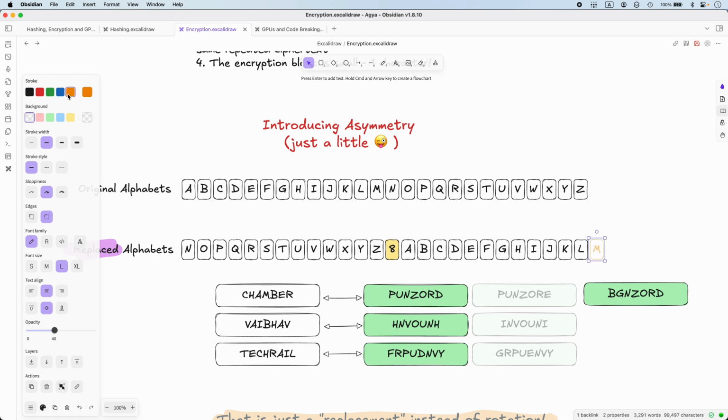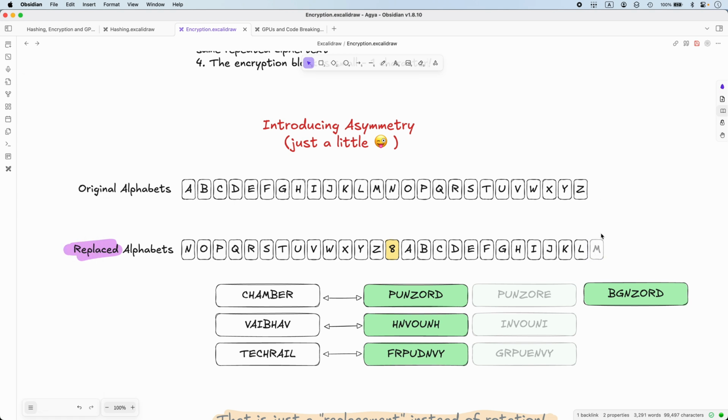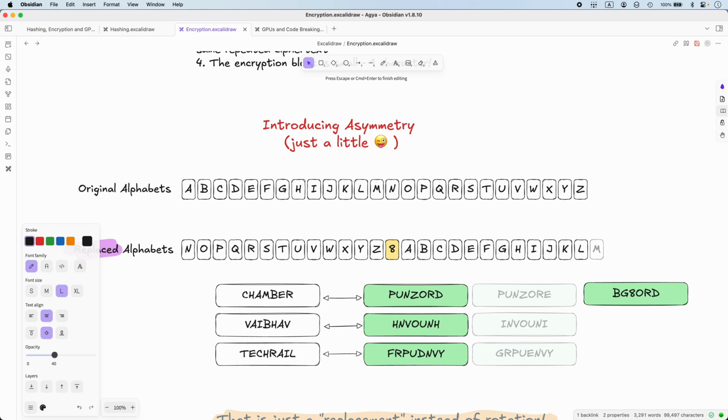Okay, this is not in the picture anymore. This will never appear. Nothing matches it. Okay, P becomes B, U becomes G, N becomes 8, so you will get 8 over here. Z becomes L. Okay. O becomes A.